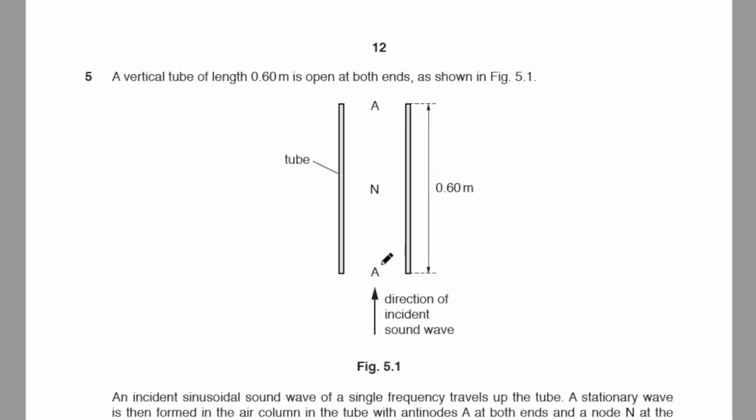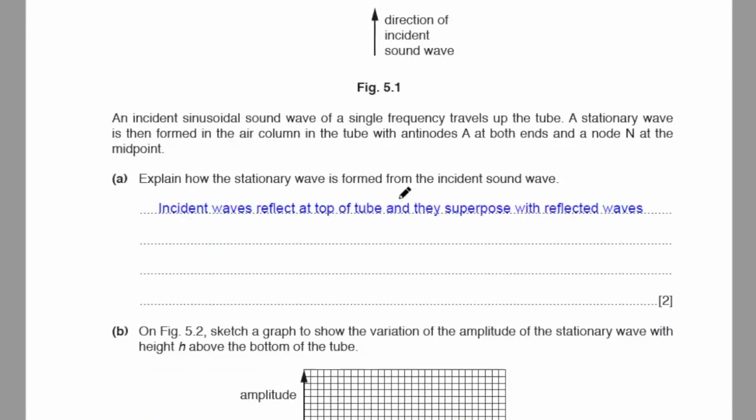So there are two antinodes, and on both these antinodes the amplitude is going to be the maximum, and at the node where the reflected and incident wave will be intersecting with each other, h will be 0.3 meters, and hence amplitude will be 0 at this node.